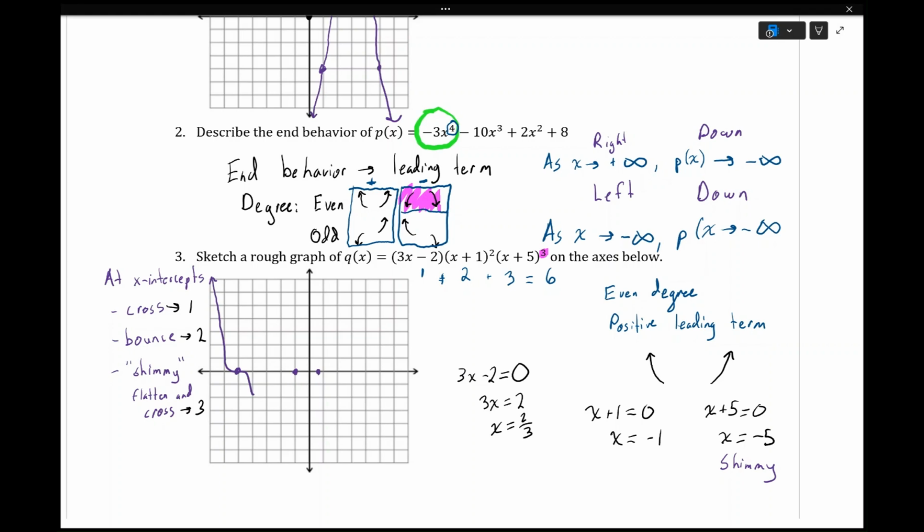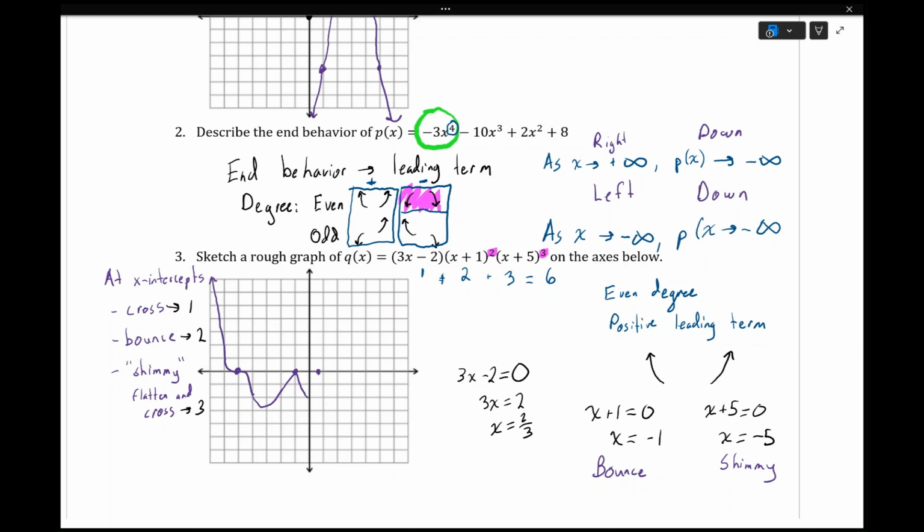It's a flatten and cross. Now, we know the graph is going to have to curve back at some point. We don't care where in this class. And if you take calculus, you'll actually figure out where it turns around. But now I look at the x equals negative 1. Well, that one is squared. So we're going to have a bounce because it's a squared factor. So I bounce here.